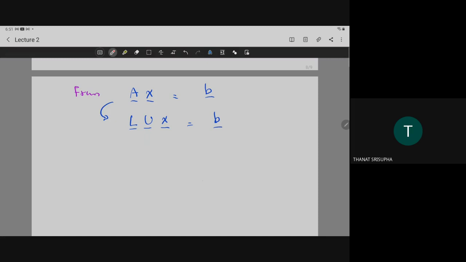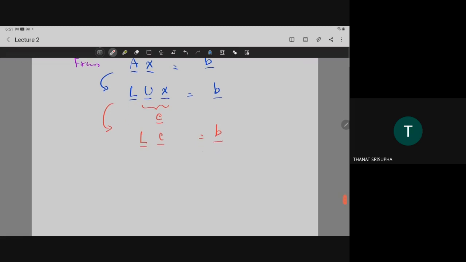If we consider Ux as c, then we have L multiplied with c equals b, and Ux is equal to c.